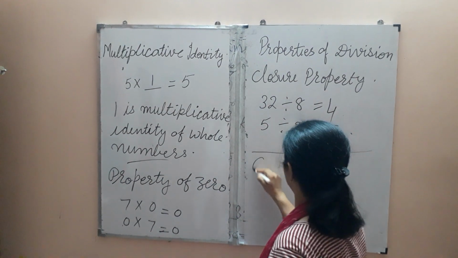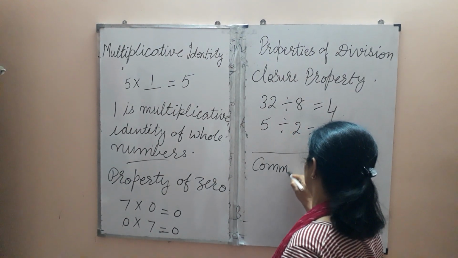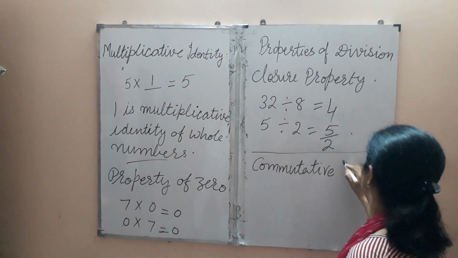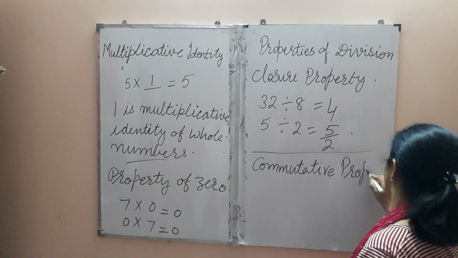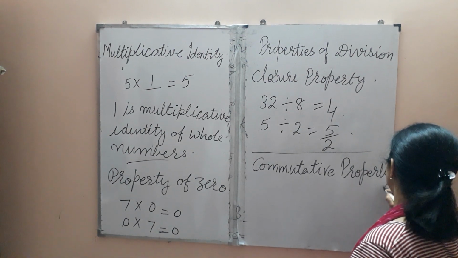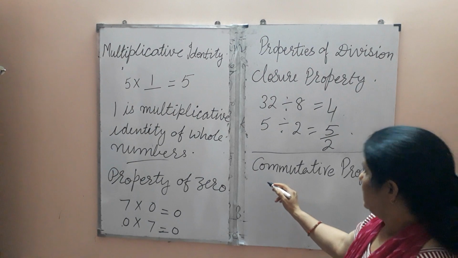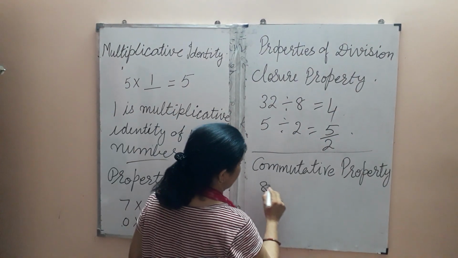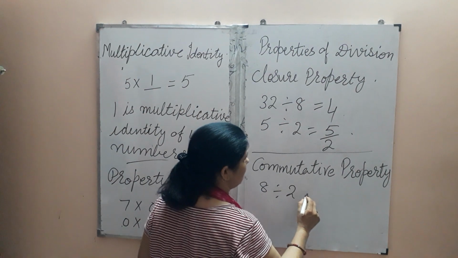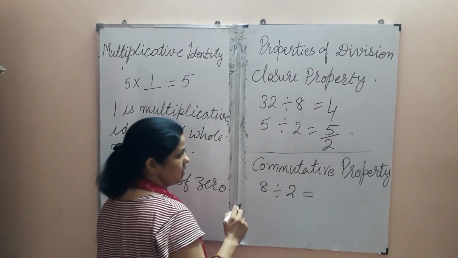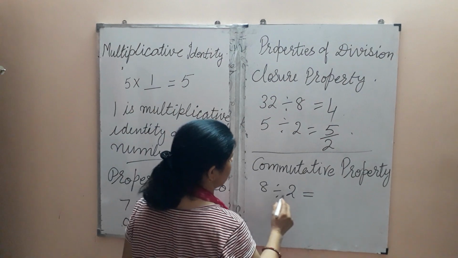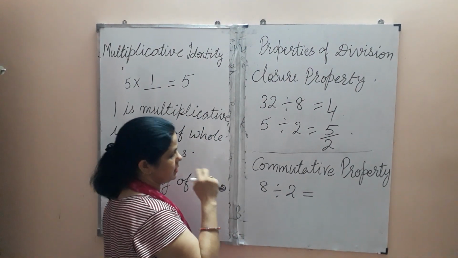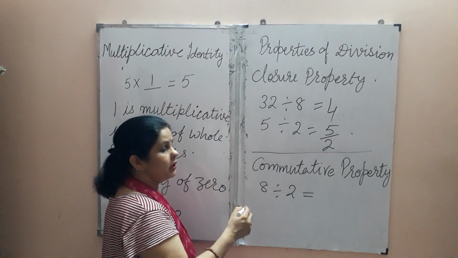Next is commutative property. In commutative property, if we change the places, 8 divided by 2, the answer will also be the same. In multiplication and addition, if we change the places, the answer remains the same.